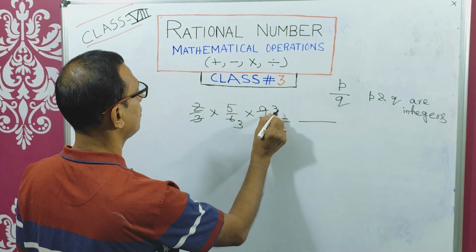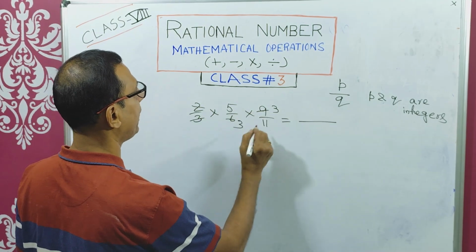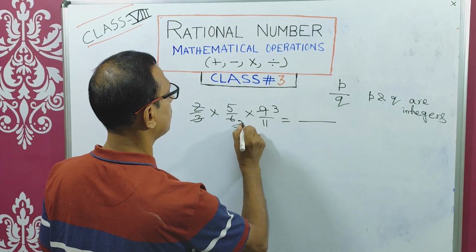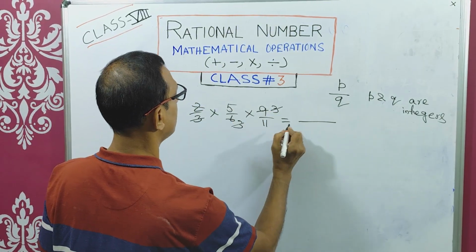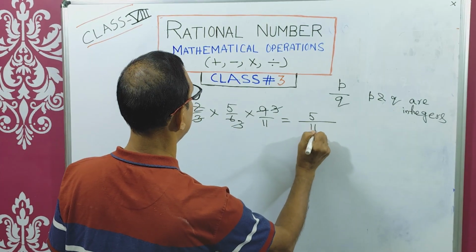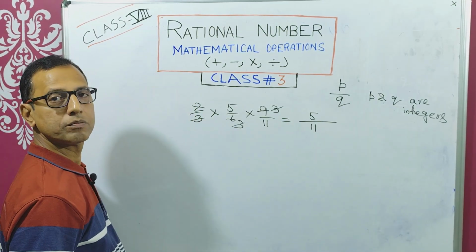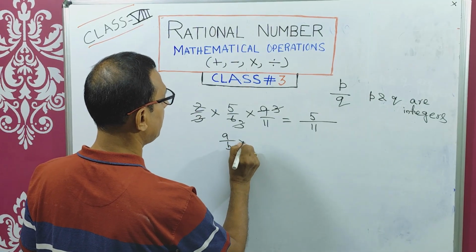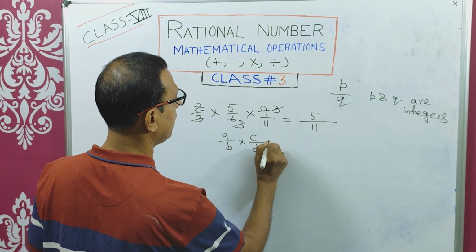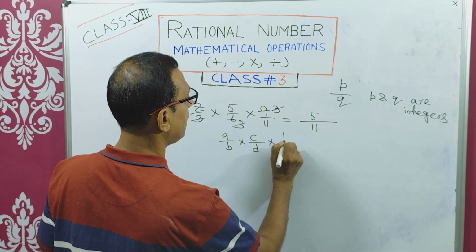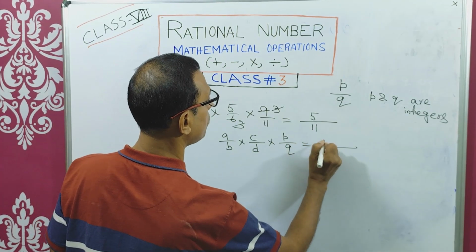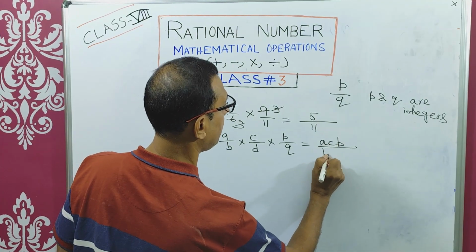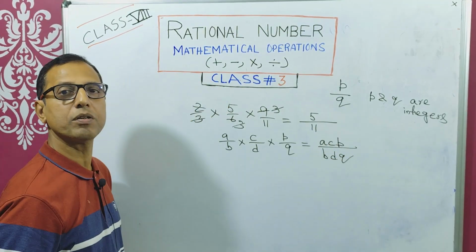That means 3 fives are 15 and 3 elevens are 33. Sorry, 3 threes are 1. That means it is 5 by 11. So basically A by B into C by D into P by Q equals ACP by BDQ. You need to remember that.